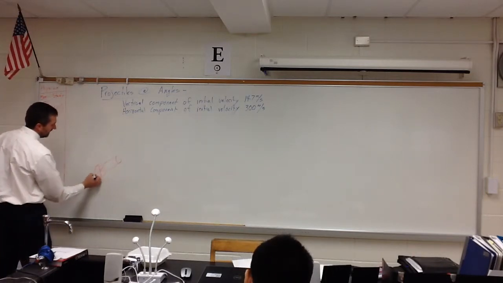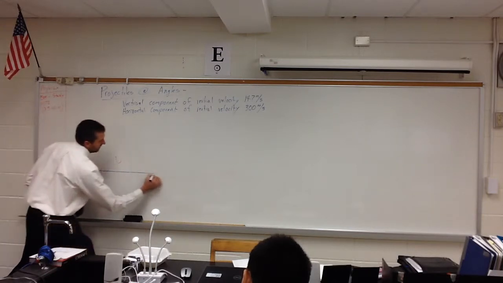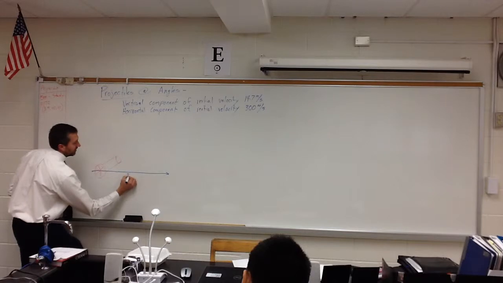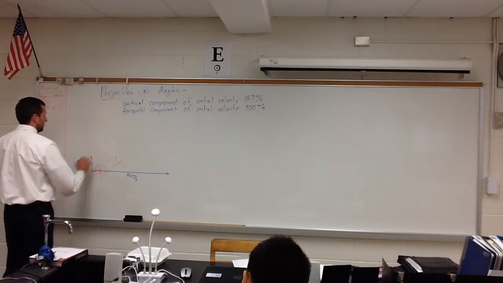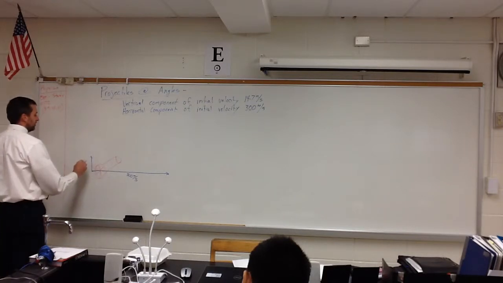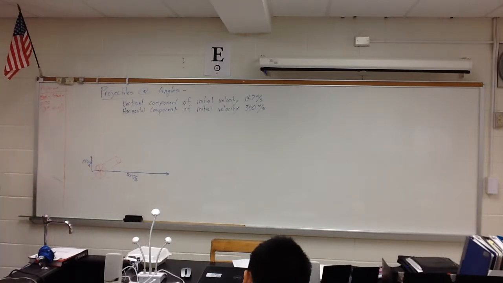So in this direction we have a 300 meter per second vector, and in this direction we have a tiny little 14.7 meter per second vector. That's a much better start to what we want here.